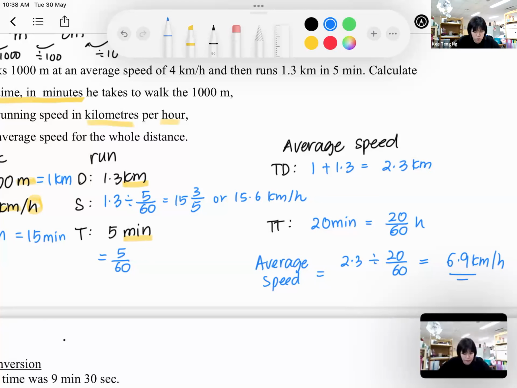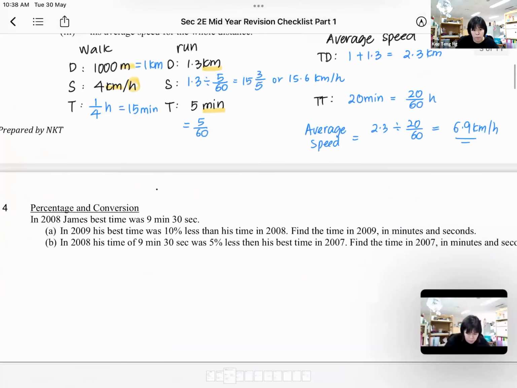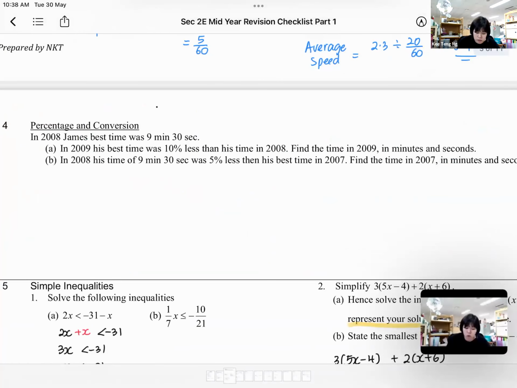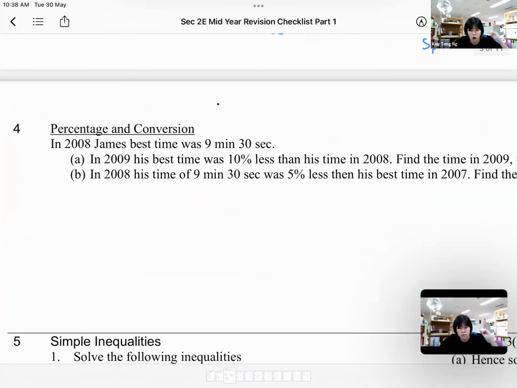Okay, next question. Okay, percentage and conversion. This one I must go through in detail slowly. Whenever there are certain percentages or time, then they tell you a certain percentage of another year, the first thing to identify is which one comes first, which one is the original.